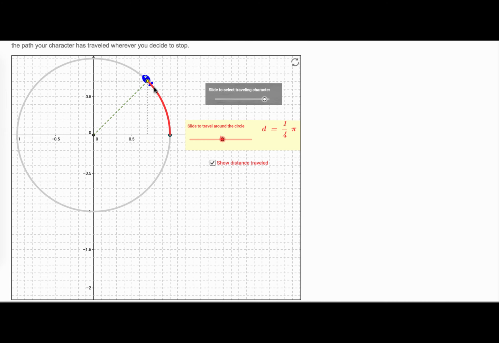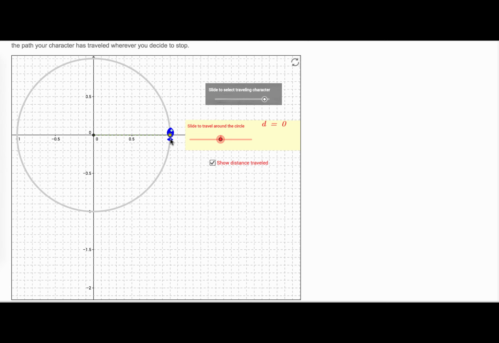I can go back here and I can move this fish anywhere I want. But what's cool is I can move it here and I can say 0 degrees. If I move to 0 degrees, that means I have a height of 0 and a horizontal distance of 1.